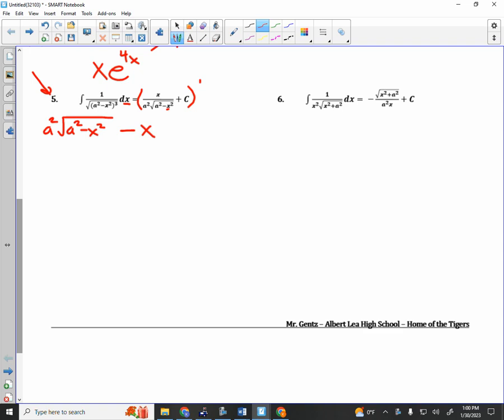So I'll set up the chain rule right here in this space, and I'm going to write it as a squared times u to the 1/2. What goes on the inside? A squared minus x squared.